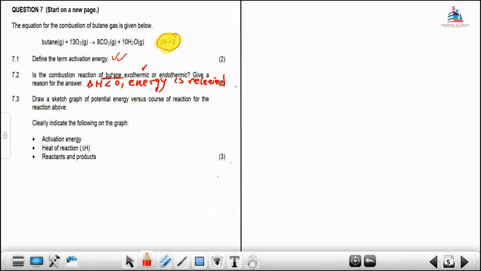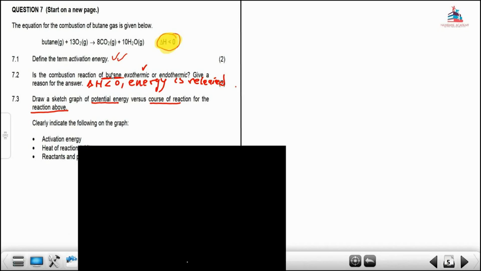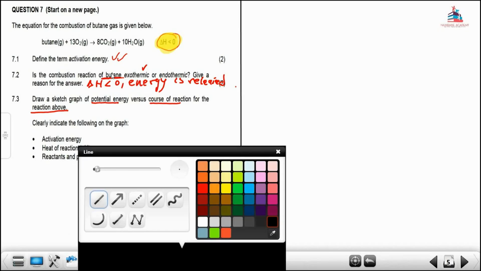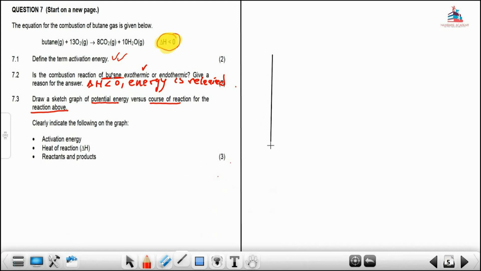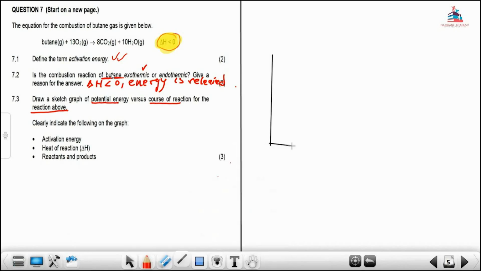Very easy now. Draw a sketch of potential energy versus course of reaction for the reaction above. The fact that we have agreed that this is going to be an exothermic reaction makes it very easy to draw the correct graph.